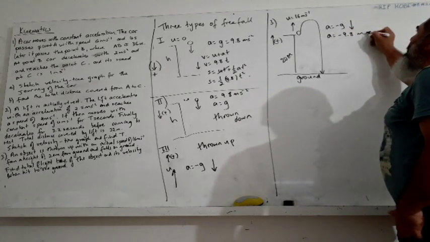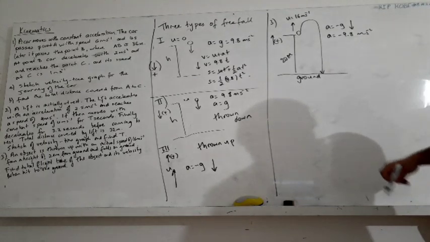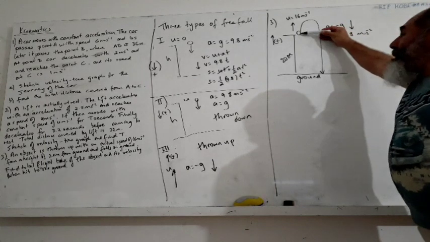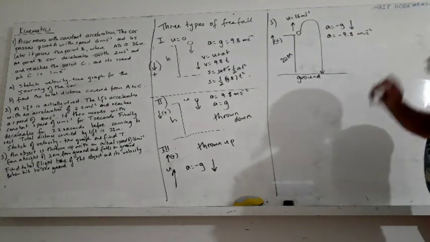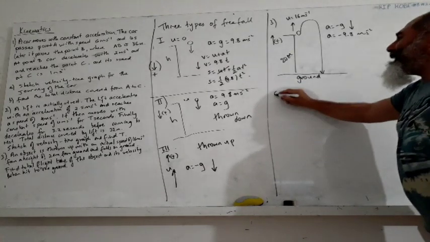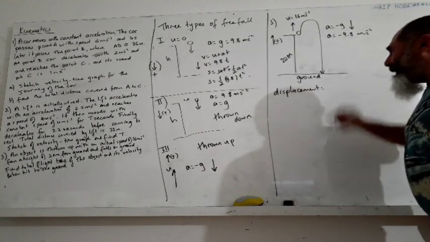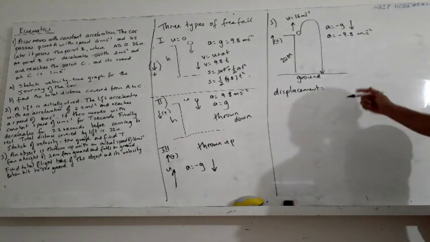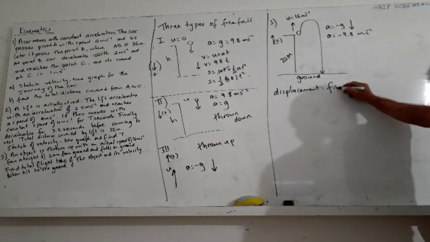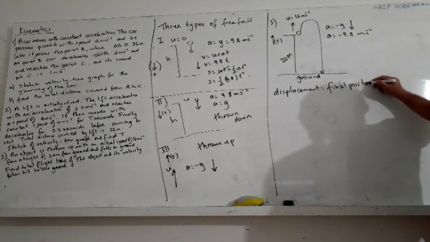Now, this was the initial position of the object, and it falls on the ground. What is the displacement for the object? What is the formula? We have a very simple formula for displacement. It is equal to final position minus the initial position.